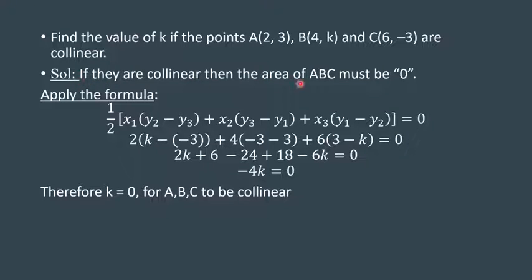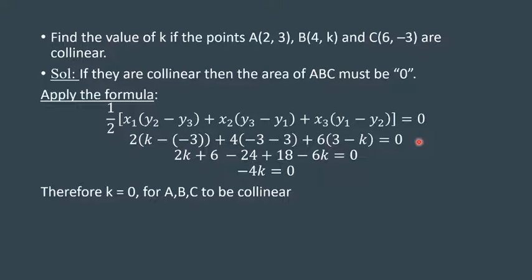If they are collinear and if we draw a triangle ABC, then the area must be zero, because the area of a line cannot be more than zero. So if we apply this formula, x1 into y2 minus y3 plus x2 into y3 minus y1 plus x3 into y1 minus y2, which I taught you how to remember, the half will get cancelled. It doesn't matter if you have a half or not, because this whole term will be zero. So we get x1 is 2 into y2 minus y3, which is k minus of minus 3.